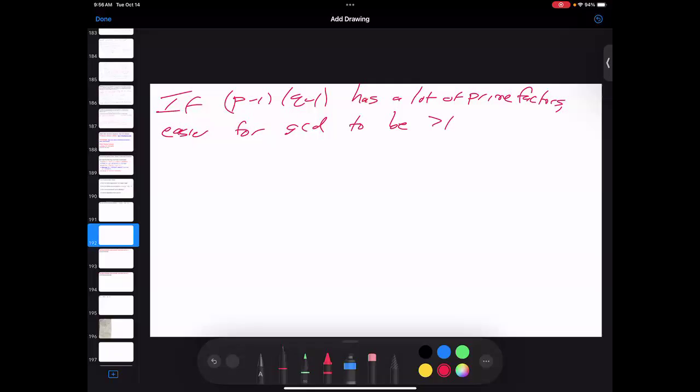So wouldn't it be nice if P minus 1 and Q minus 1 were prime? How likely do you think it is for P minus 1 and Q minus 1 to be primes when P and Q are large prime numbers?